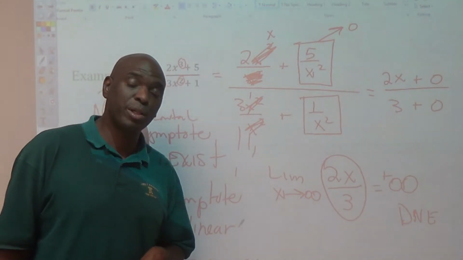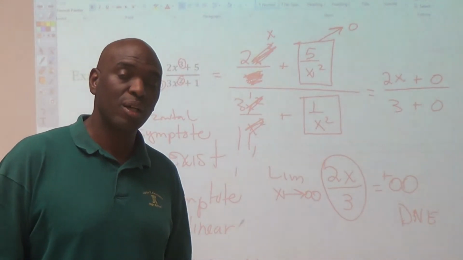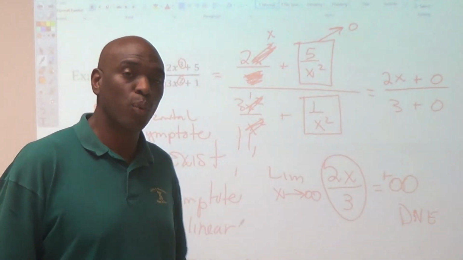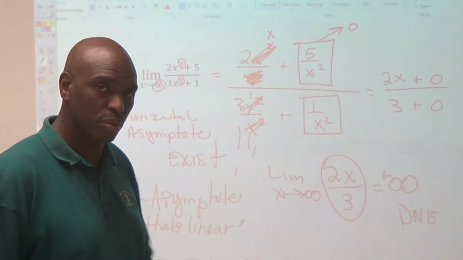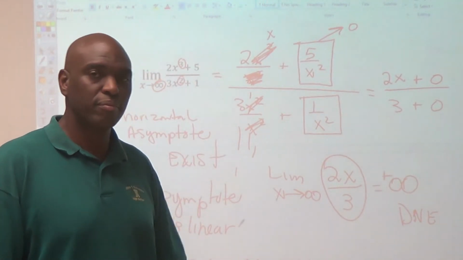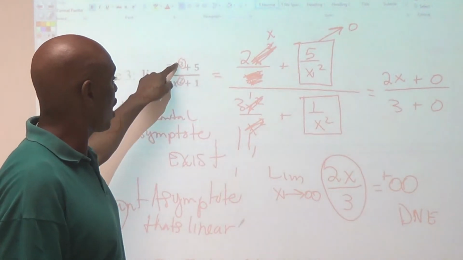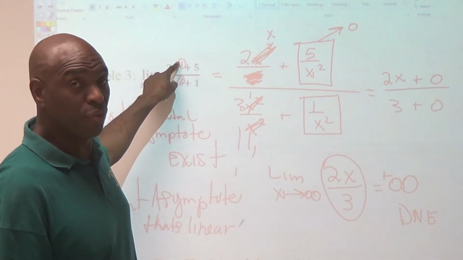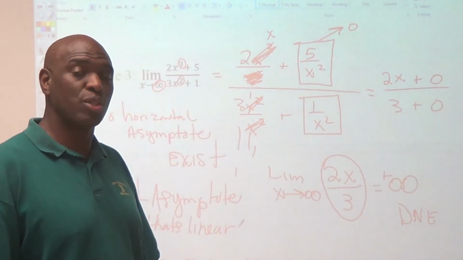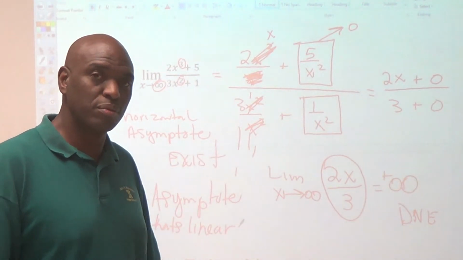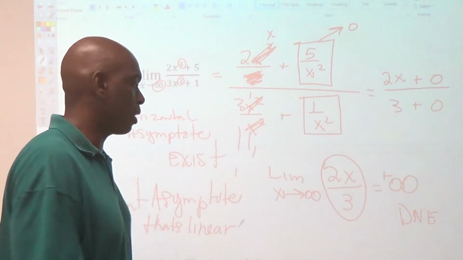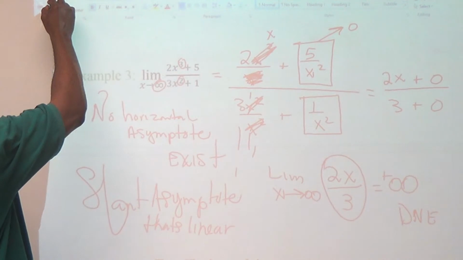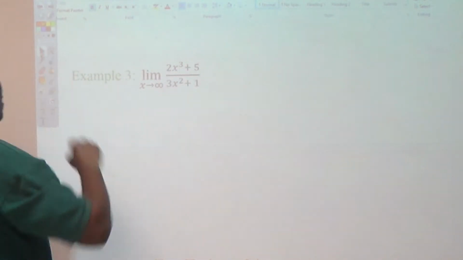How do you know it's linear? Because in the word linear is the word line. All lines have power 1. What's the difference between 3 and 2? 1. Line. If this were the power of 4, the difference between 4 and 2 is 2. So now we're talking a quadratic slant asymptote. And so on and so forth. Okay? All right. Very good.